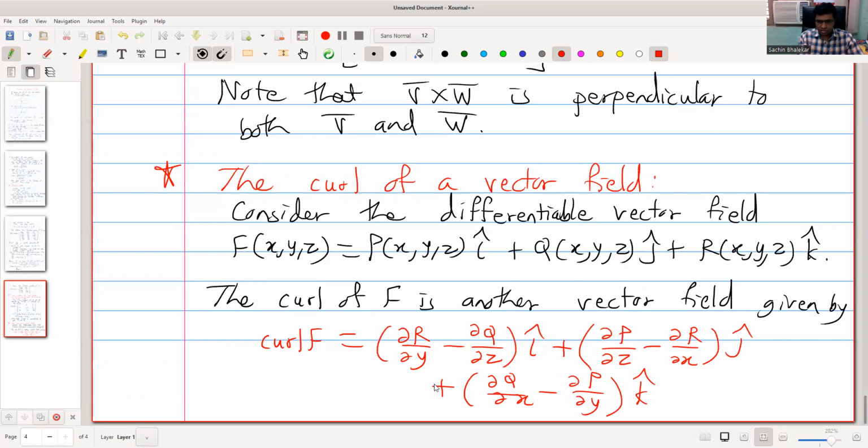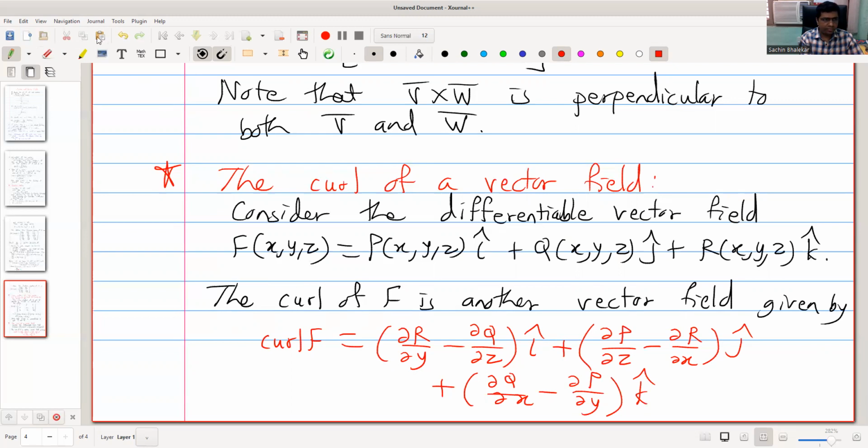Okay. And when we consider the coefficient of k hat, then we take derivatives of the other two functions, p and q. Here the order is q, p, and we are differentiating with respect to x and y. Okay. So there is another way to obtain this curl.